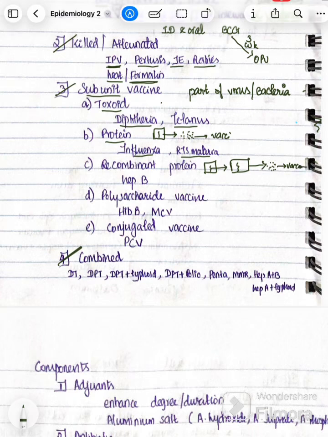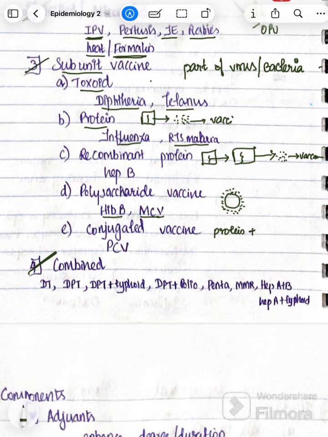Then polysaccharide vaccine. Some of the organisms have an outer covering of polysaccharide layer, mostly capsulated organisms. We are going to give the meningococcal vaccine and Haemophilus influenzae B vaccine. Next, the conjugated vaccine, that is made up of protein and polysaccharide, carbohydrate.